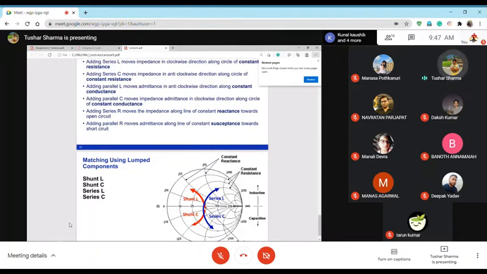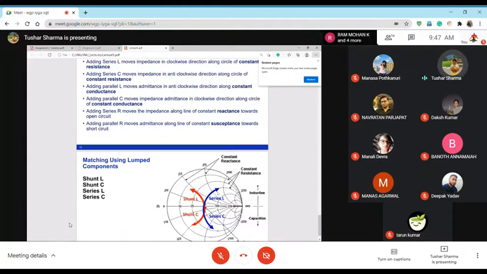For example, 50 plus j50, 50 plus j100, 50 plus j25, and so on. So any series inductance we add will always move clockwise on a constant resistance circle. Keep this clearly in your mind, because it will be very handy when you are doing questions.